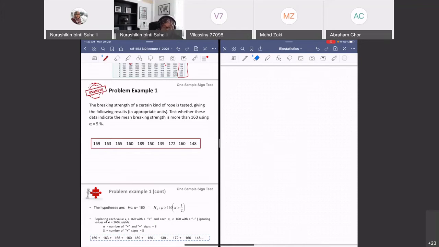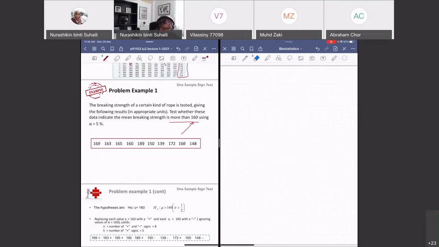You can see that this is one sample, and in this case, you have to do a sign test. The value given to you to compare is this one, and you can see there are 10 data points to compare with 160. So how are you going to do that?